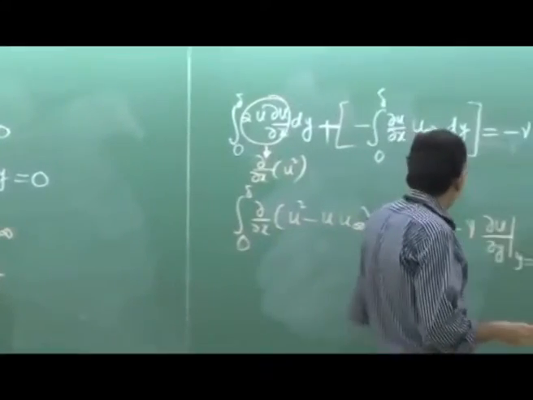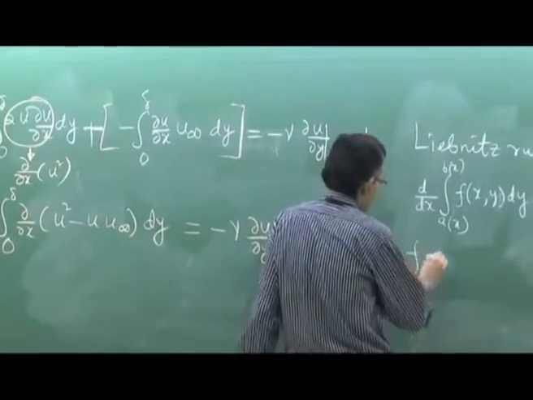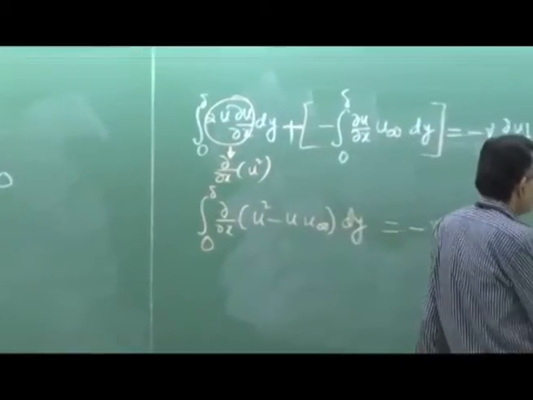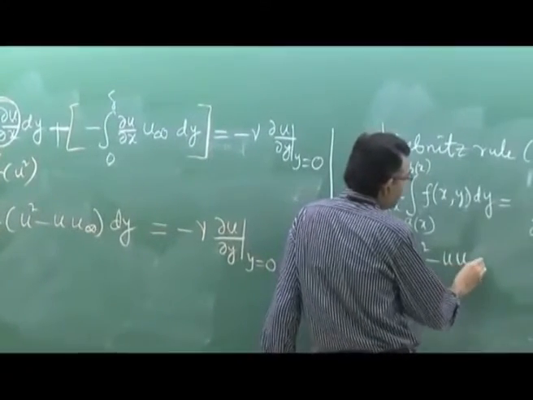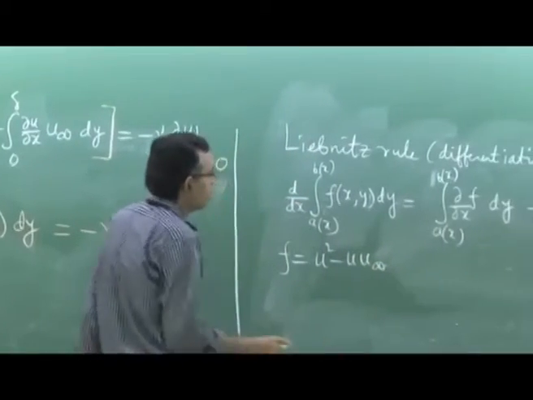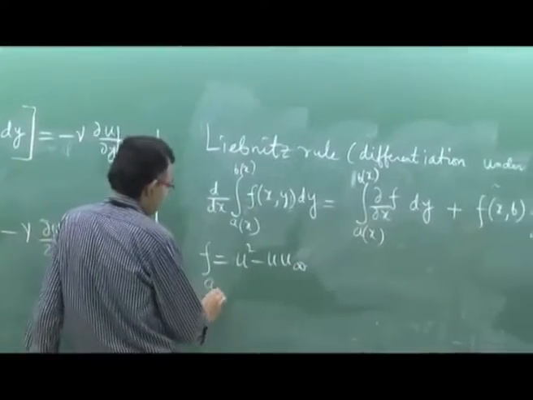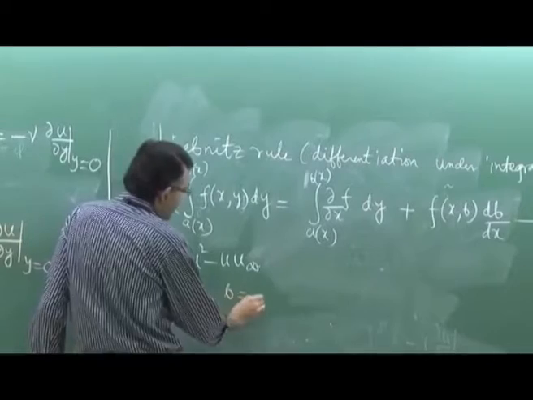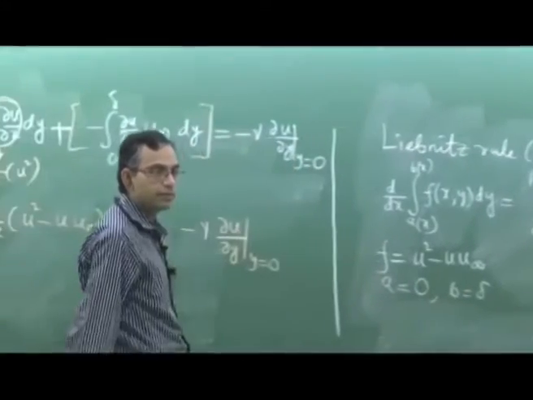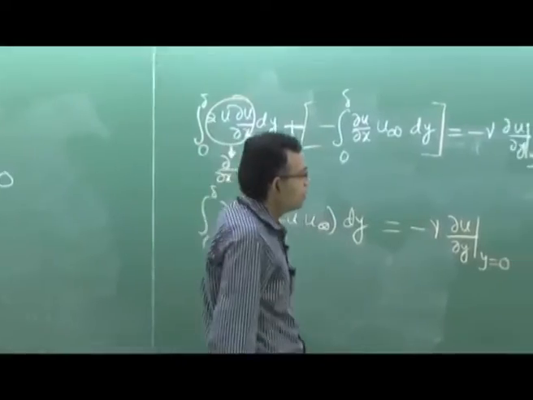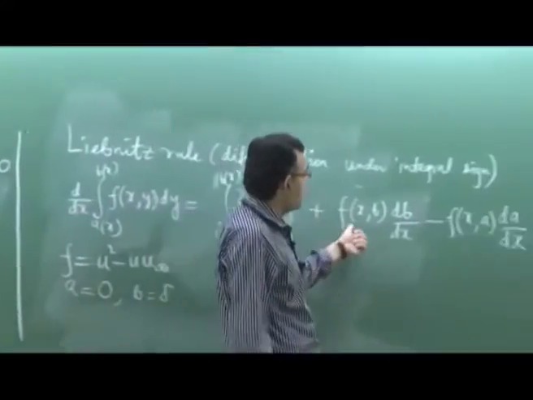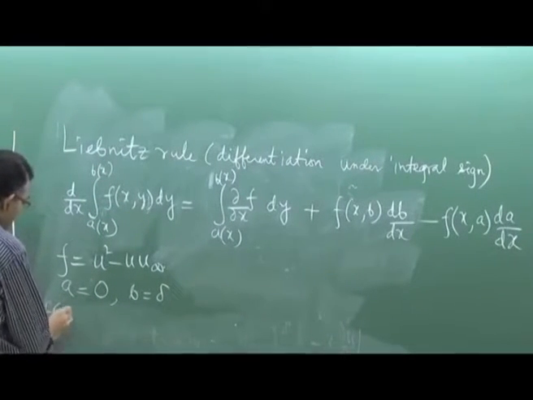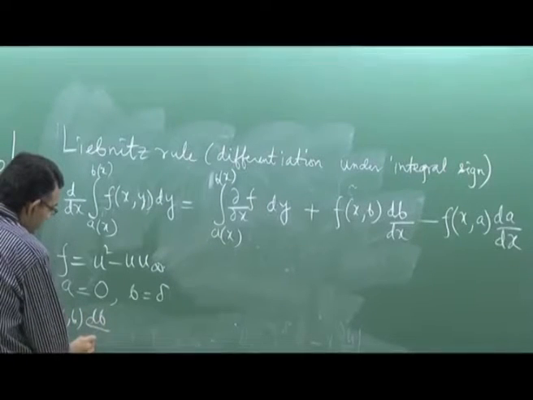Now in this example, what is f? What is f in this example? u square minus u infinity. What is a? 0, and b is delta, which is a function of x. So let us look into the correction terms. f of x comma b times db dx.